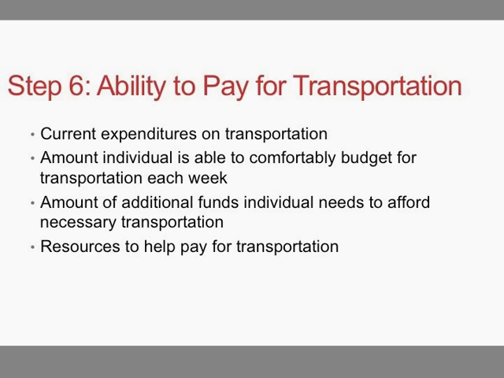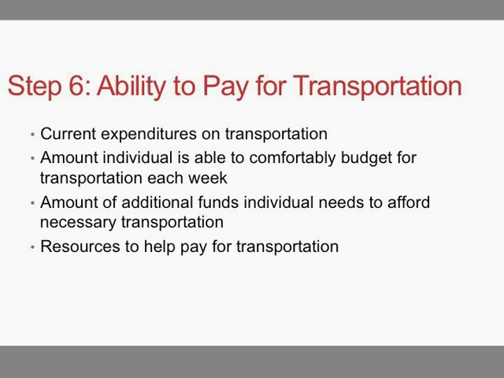Step 6 asks how much the individual is currently spending on transportation and whether they include that cost as a regular expense in their household budget. If not, they should be encouraged to do so. The amount they can put aside for transportation may not cover the full cost, but it will be a start.